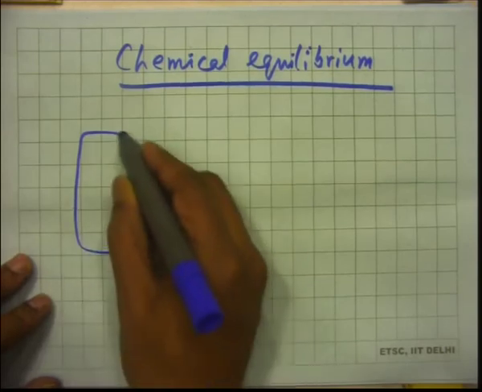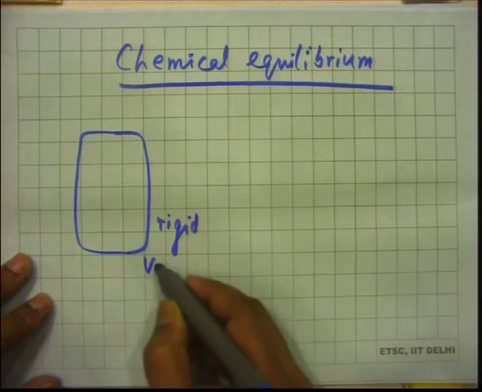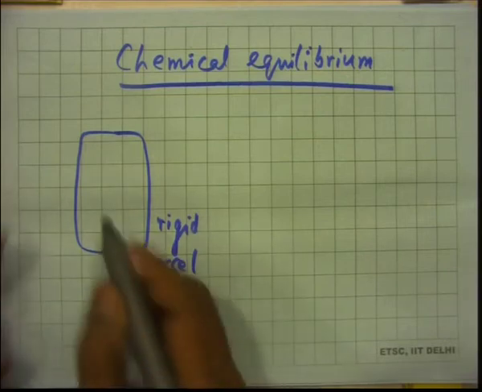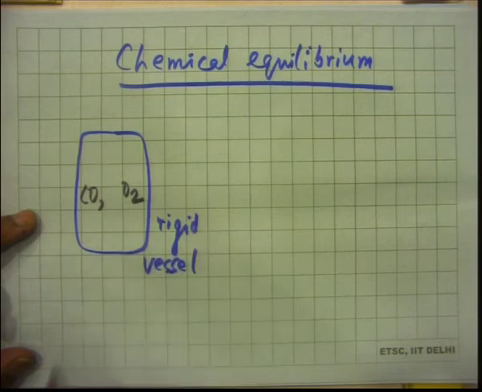We will take a rigid vessel. So, taking a rigid vessel, let us say we have carbon monoxide and oxygen together.